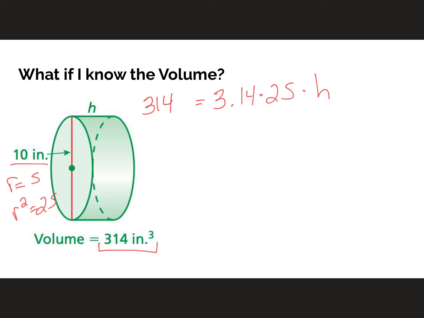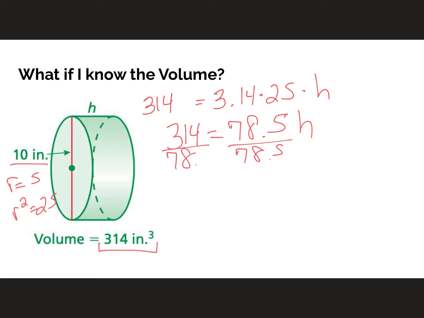So 3.14 times 25 gives me 78.5 times H. Divide both sides by 78.5. So 314 divided by 78.5 gives me 4. So that's my height. My height is 4 inches.